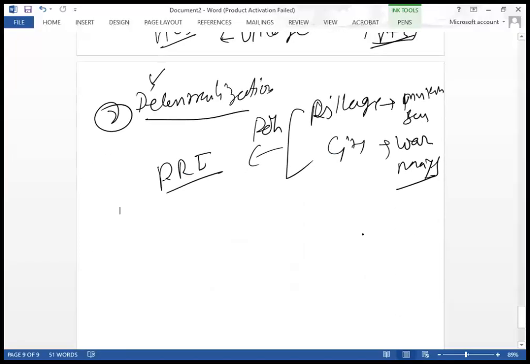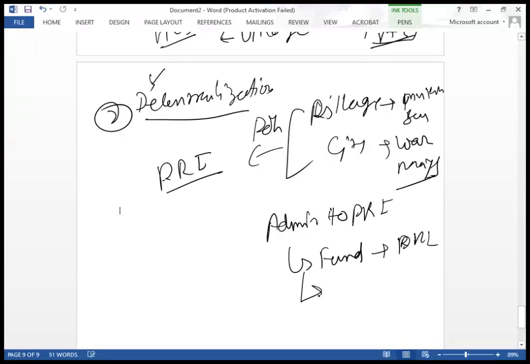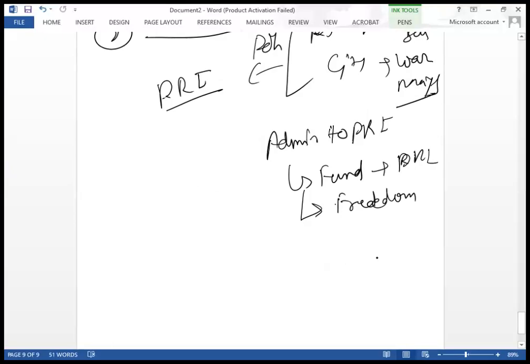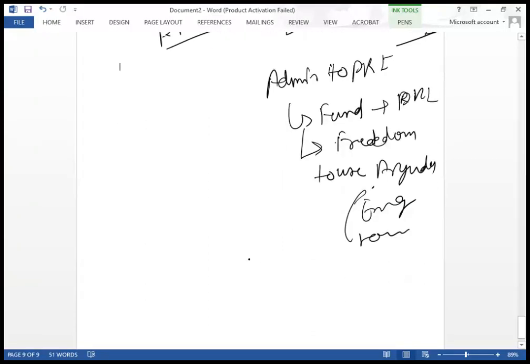So we can give authority or administration to the Panchayati Raj institutions, or the state and center can give funds to them, and we can give them the freedom to use Ayurveda, or English medicine, or homeopathy, whatever they find successful. So we can do this type also.